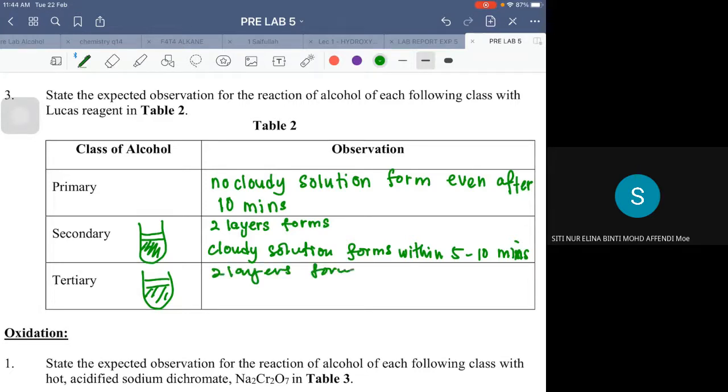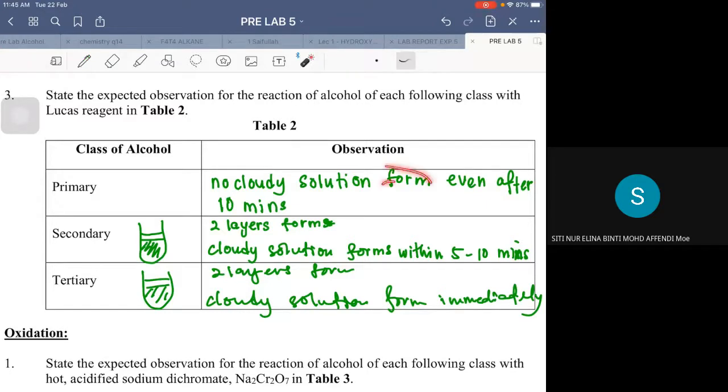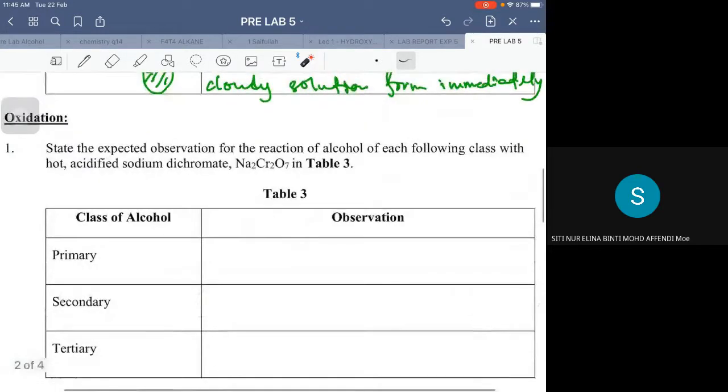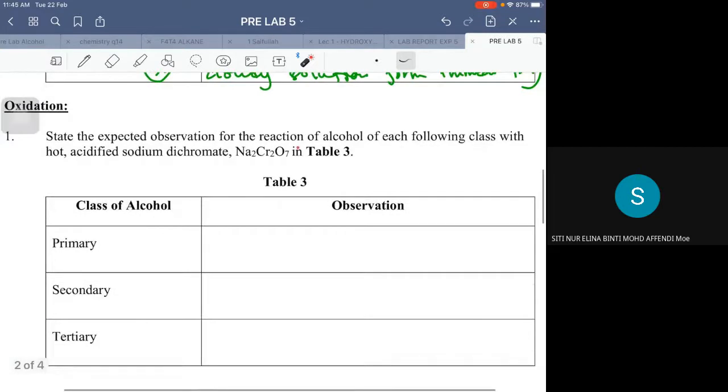And then cloudy solution form immediately, ataupun instantly. So yang ni tak wujud langsung lepas 10 minit, primary. Secondary jadi cloudy tapi ambil masa 5 hingga 10 minit. Yang ni instantly. Okay, untuk observation dia gunakan sodium dichromate.